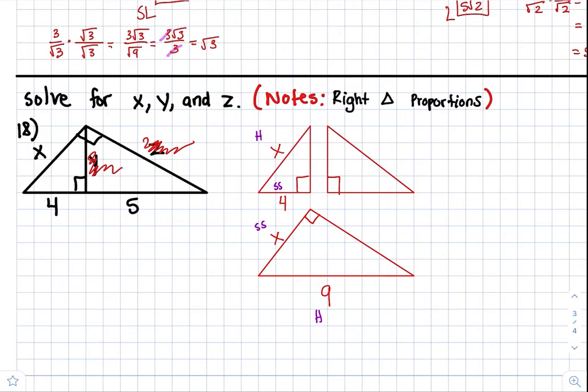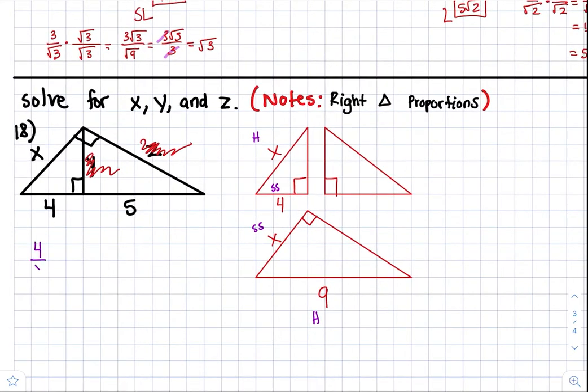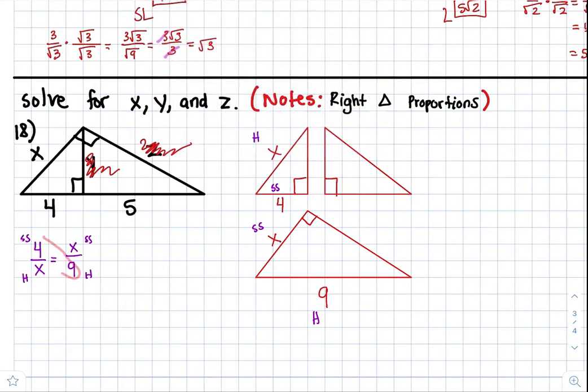So to make a proportion for our first one, I'm going to do 4 over x, which is short side over hypotenuse, is equal to x over 9, for the short side and hypotenuse for that other triangle. Then from here, it's just cross multiplication. x to the second power, because that's x times x, right? 4 times 9 is 36.